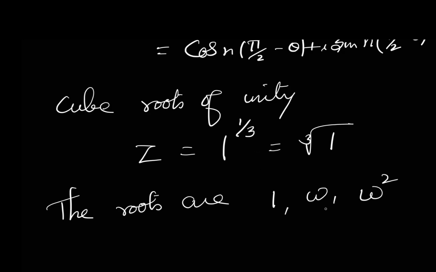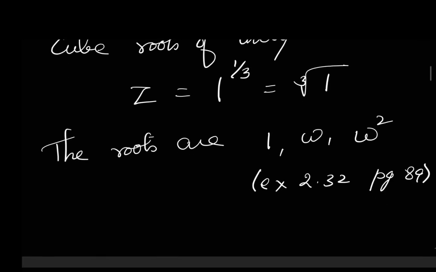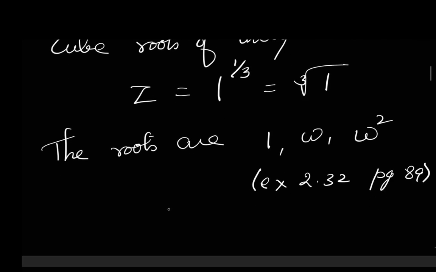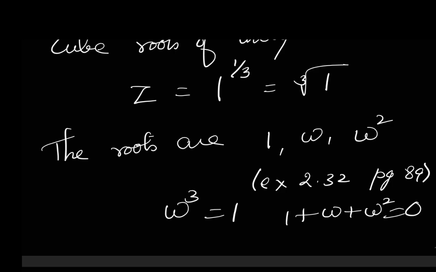You have a cube root, so you will get 3 roots. You will get that in the example, see Example 2.32 on page 89. You can refer to these roots also. With the condition omega cube is equal to 1 and also 1 plus omega plus omega squared is equal to 0.